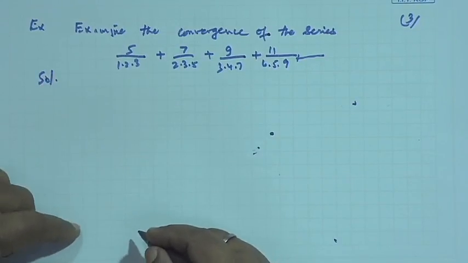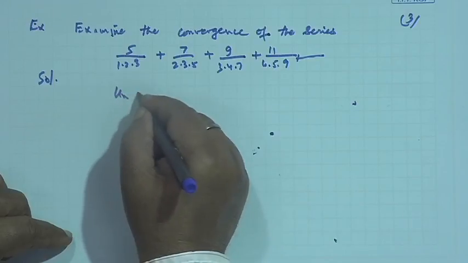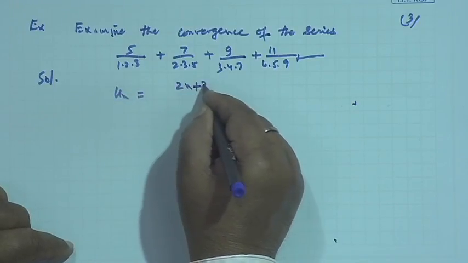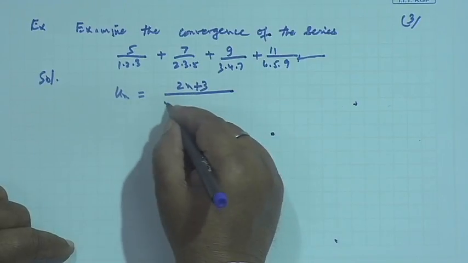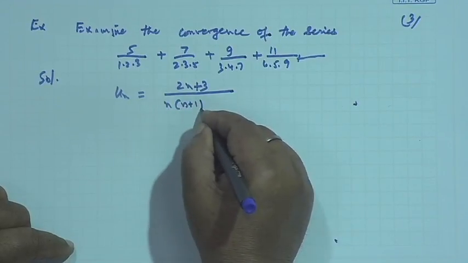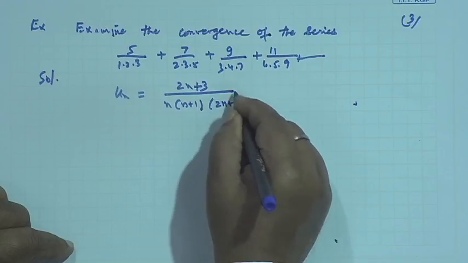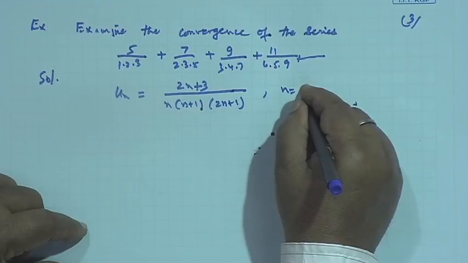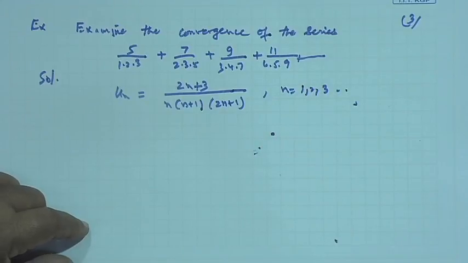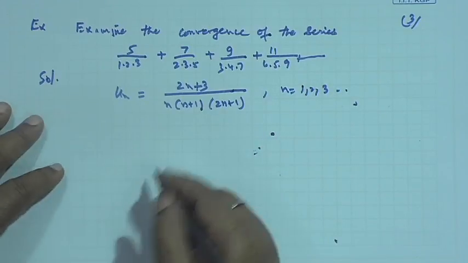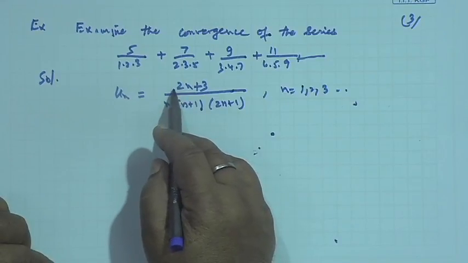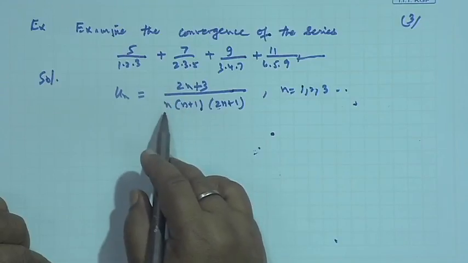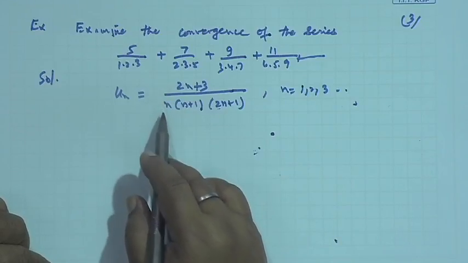So, what is our nth term? The nth term u n is basically 2n plus 3 divided by n plus 1 into 2n plus 1, where n is 1, 2, 3 and so on. If we take n outside, it comes out to n by n cube, which means 1 by n square.